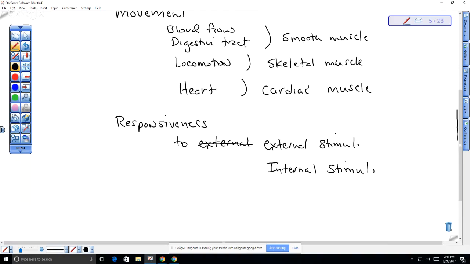My nervous system is going to detect that, and it's going to boost my heart rate and my breathing rate so that I can get more oxygen out to my body, out to my muscles, and then I can get rid of the excess carbon dioxide. So that would be a good example of internal stimuli. So oxygen and carbon dioxide concentrations in the blood. So responsiveness. Okay, we also have digestion.